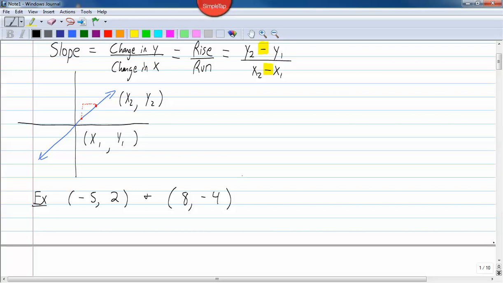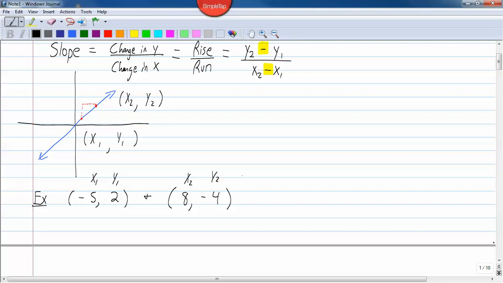And what I usually do first is label the points. That way I can make sure that I plug them in the right place. So this is x sub 1, y sub 1, x sub 2, y sub 2. It doesn't matter which one you make x sub 1 and y sub 1. I usually just make the first one x sub 1 and y sub 1.